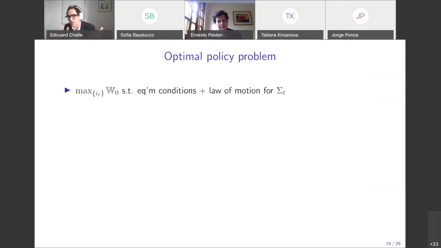Adrien Auclert has a very nice paper called the redistribution channel of monetary policy in the AER, where he decomposes all the effects of monetary policy, and one of them is what he calls the unhedged interest rate channel. So at date 0, the real rate redistributes wealth in our economy, and monetary policy may want to play on that. That occurring just at date 0 is a bit of a pathology, because it's only related to the fact that monetary policy is not committed at date 0.